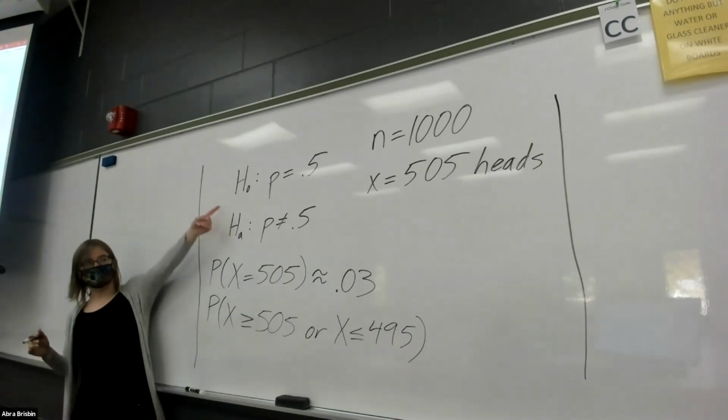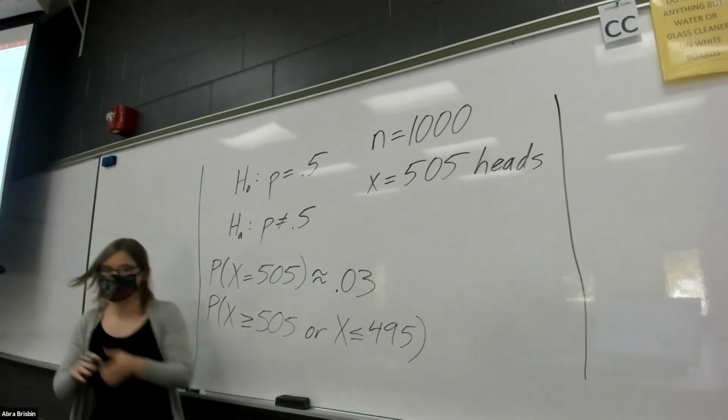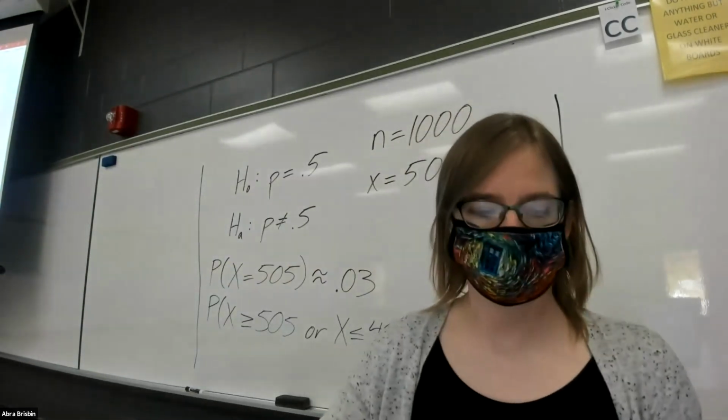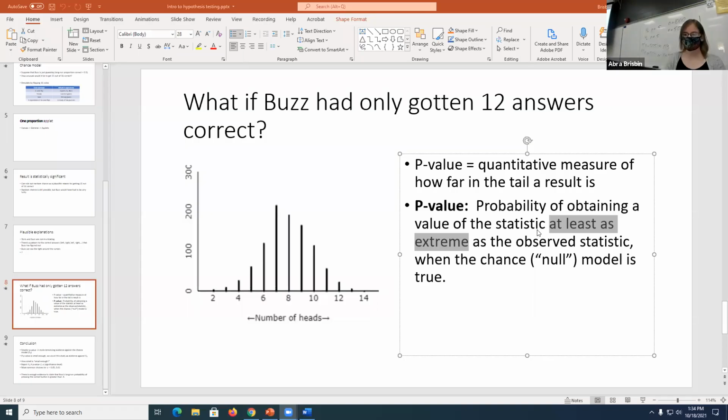That is much more in agreement with our sense that we don't want to reject the null hypothesis in this case. That's why the p-value is the probability of obtaining a value of the statistic that's at least as extreme as what we observed, not just the probability of getting what we observed.